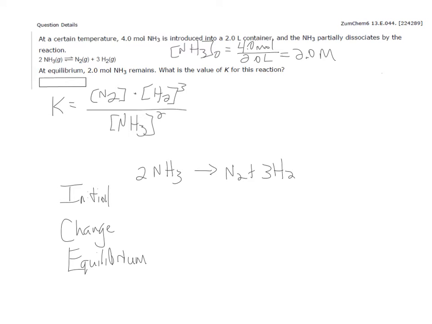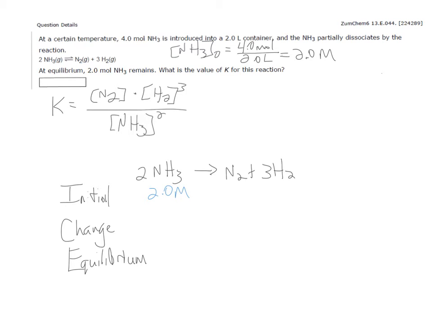The reason we call this an ice table is because initial, change, equilibrium together spells out ICE. Okay, so we've determined earlier that the initial concentration of NH3 was 2 molar. Let's list that in our ice table.